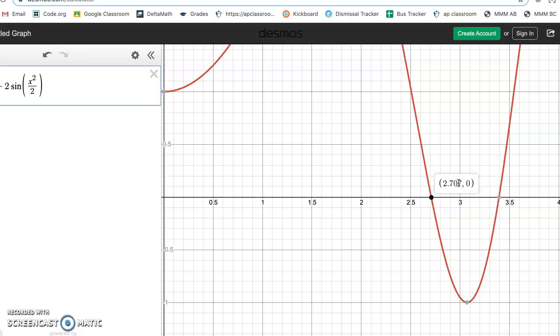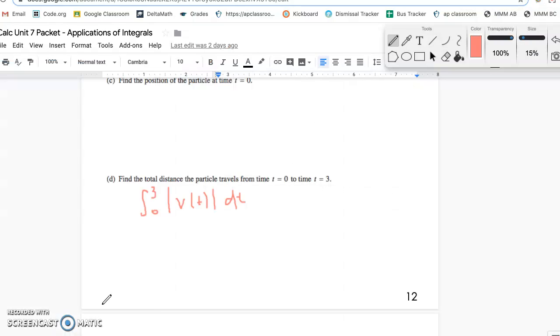So we already found earlier in the problem that the sign changes at t equals 2.707. So that's where I'm splitting my integral. I'm going to rewrite this. The positive part of the integral is from 0 to 2.707 of v of t dt, and it's above the x-axis, so it's positive.